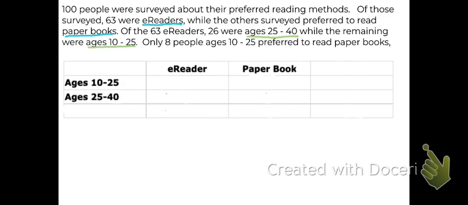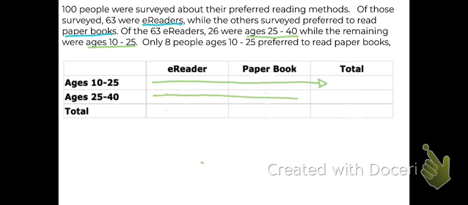Another key part of the structure of a two-way frequency table is that you have a total row and a total column. And what do those mean? Well, if you look at the ages, if we add these up, it's going to be the total people surveyed between the ages of 10 and 25. If we add this up, it's going to be the total people surveyed between the ages of 25 and 40.